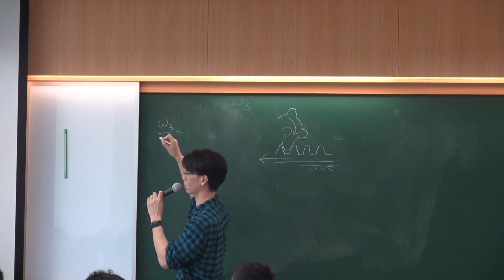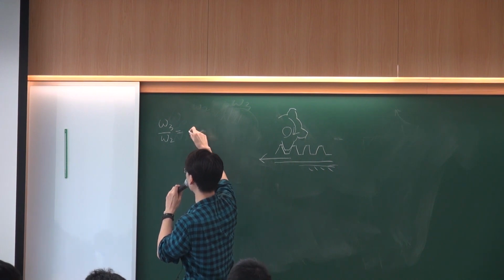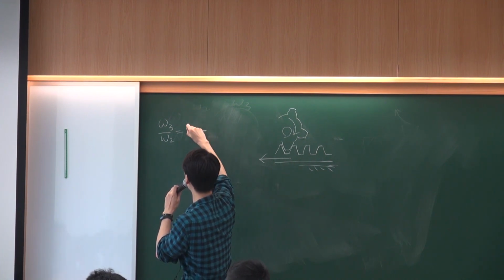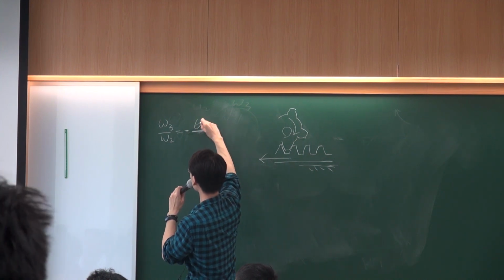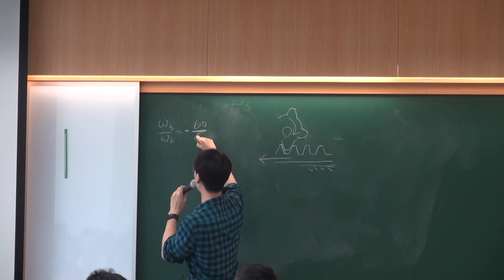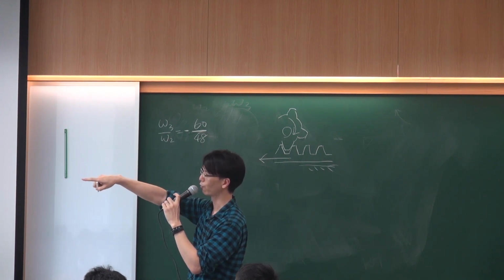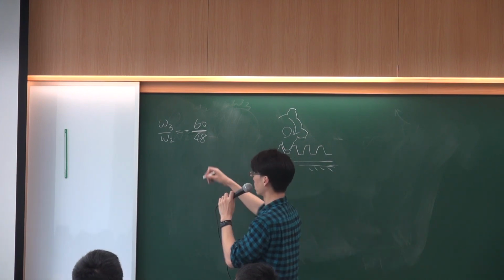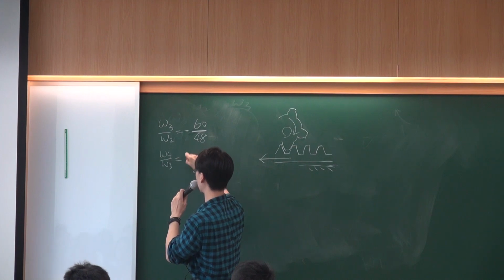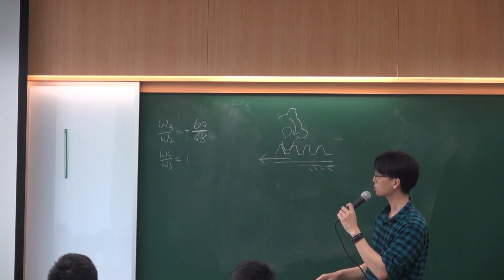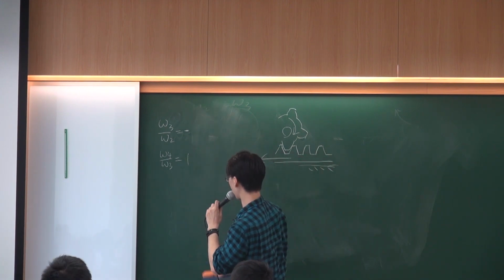Omega 2 to omega 3 is minus 60 over 48. And 3 and 4 are on the same shaft, so 4 and 3 is just 1. Let me put the symbol.